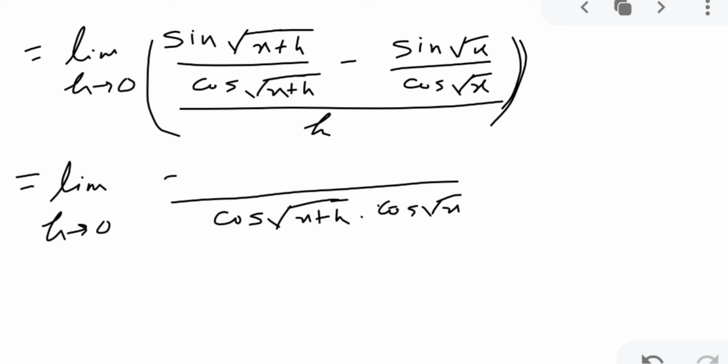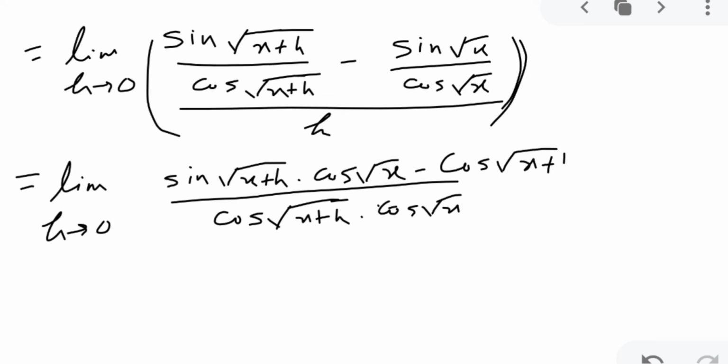So sin root over x plus h into cos root x, minus cos root over x plus h into sin root x. Okay, this will be our numerator and this will be the denominator, and h was there, whole divided by h. So h will come here.